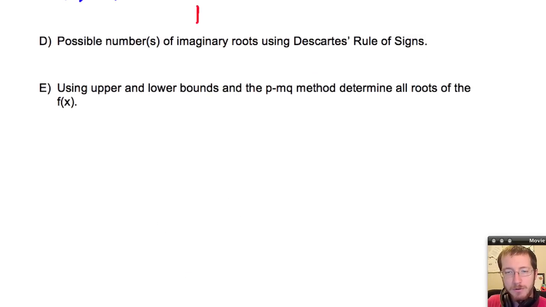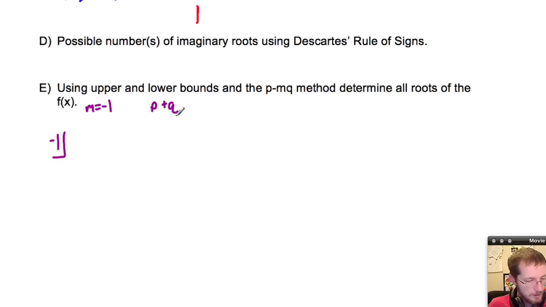Let's let m equal -1. And so, if m equals -1, then we're looking for p plus q, and we need to find our remainder of our function for f of -1. So I'm going to do synthetic division.